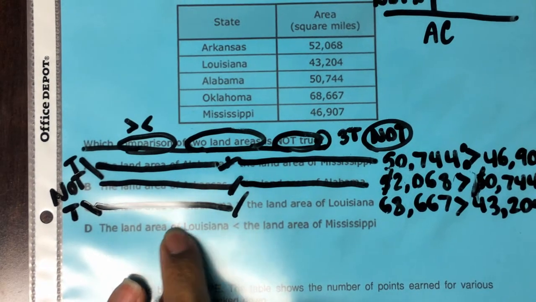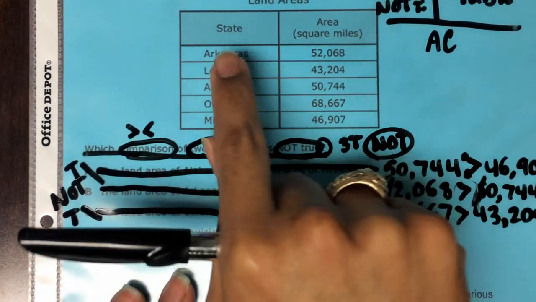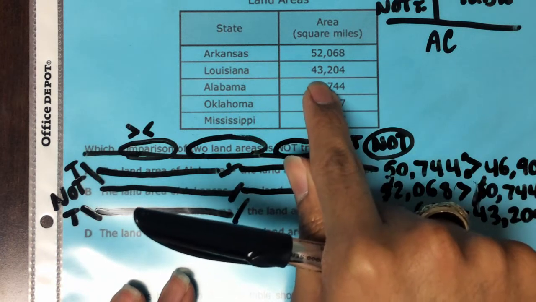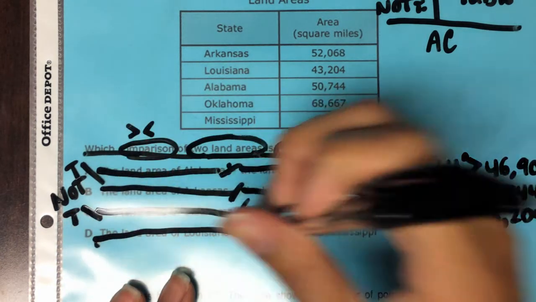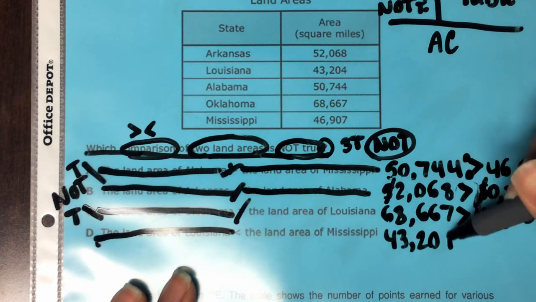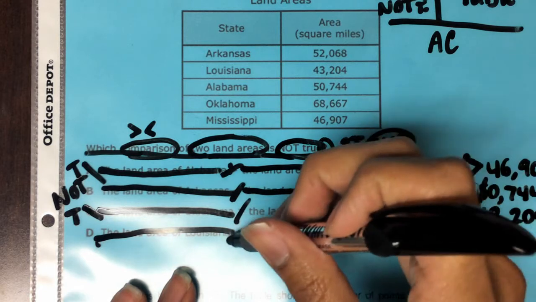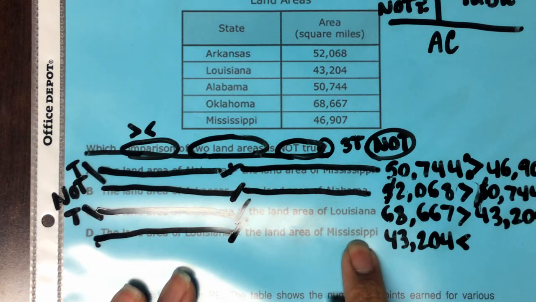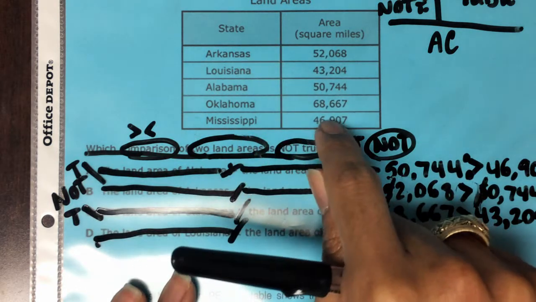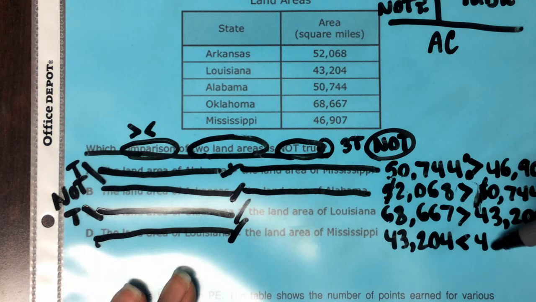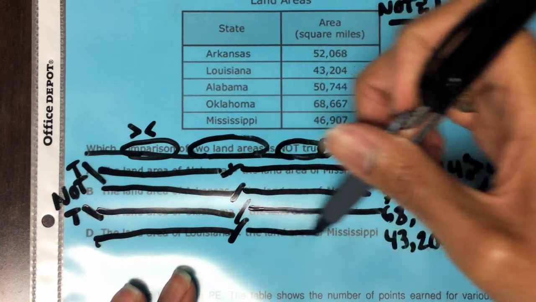D, the land area of Louisiana. Louisiana is right here, 43,204. So let's cross off Louisiana and write 43,204. Let's copy the symbol. Now we need to find the land area of Mississippi. Mississippi is right here, 46,907. Cross these off.